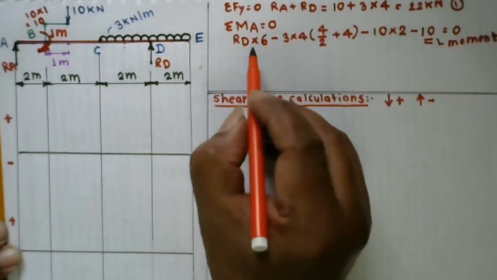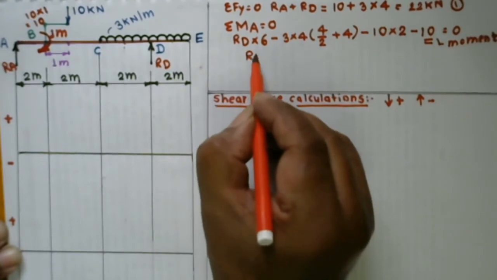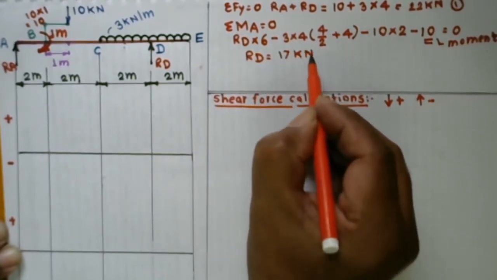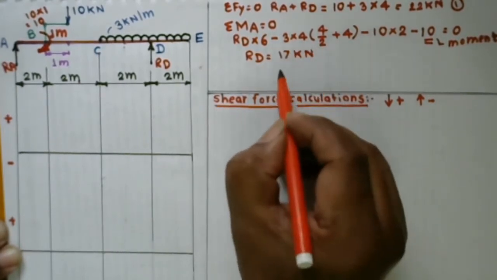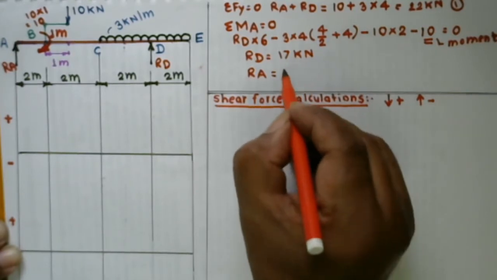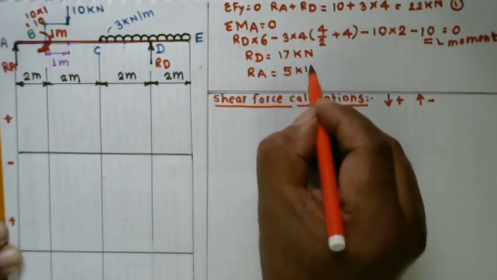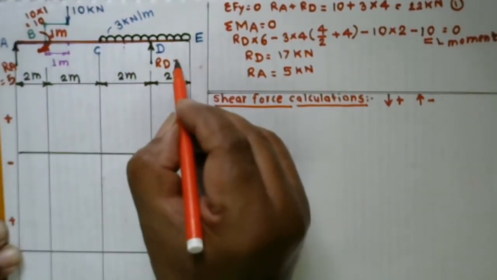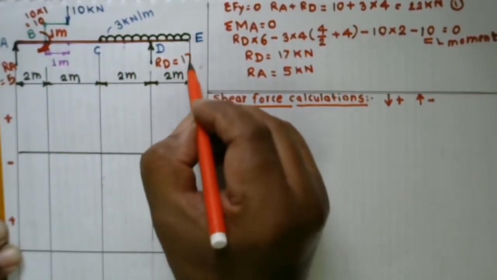After doing these calculations, RD is equal to 17 kilonewton. Put this value in equation number 1, so we get RA which is 5 kilonewton. So RA is equal to 5 and RD is equal to 17 kilonewton.